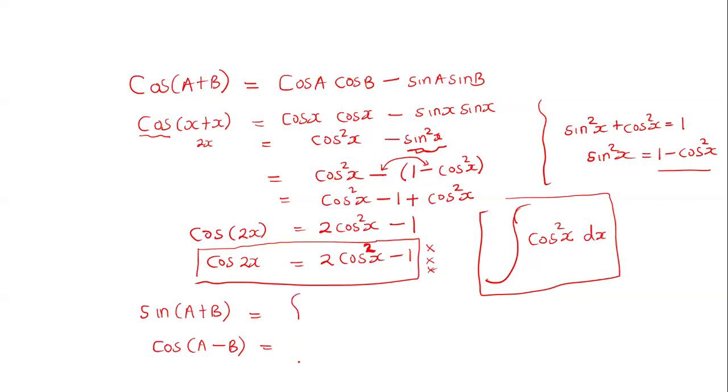Now, if I go back, I want to remind you that here I expressed it in terms of cos. What about when I express it in terms of sine? Cos of 2x is the same as 2 cos squared x minus 1. We know from trigonometry that sine squared x plus cos squared x always equals 1.